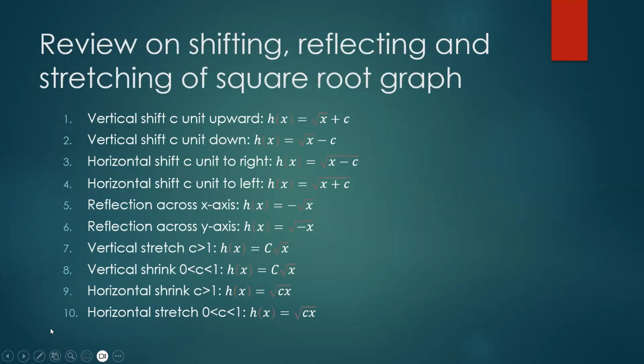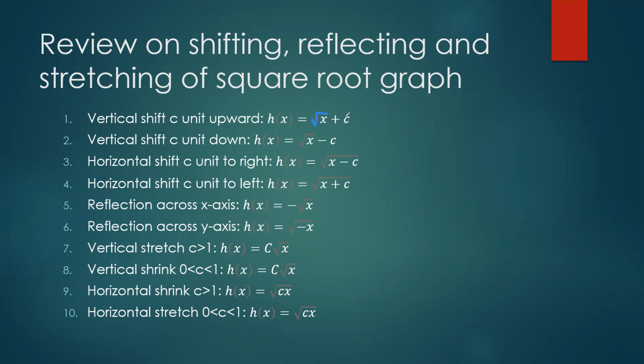Right, so now let's review shifting, reflection, and stretching of a square root graph. You have a vertical shift of c units upwards for h of x equals square root of x, plus c. I don't know if you can see the red, but it should be the square root of x, plus c.